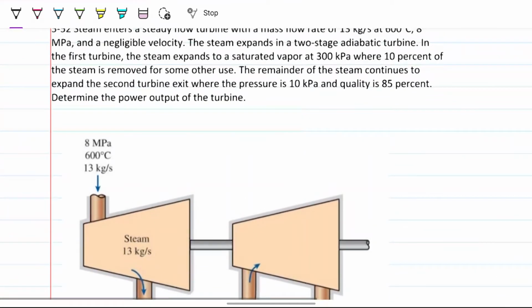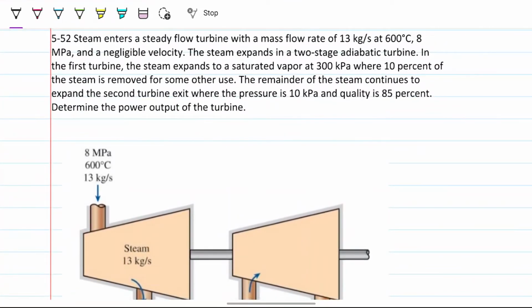So the problem statement reads for problem 5.52, steam enters a steady flow turbine with a mass flow rate of 13 kilograms per second at 600 degrees Celsius and 8 megapascals. We know already just by doing so many of these that this has to be superheated, but we're going to check anyways. A negligible velocity.